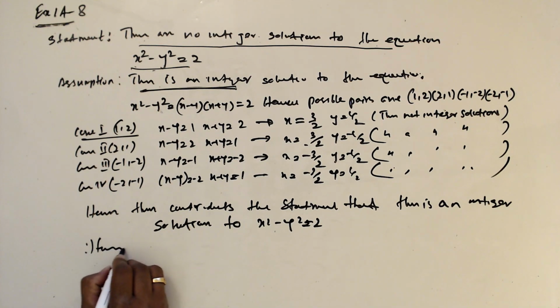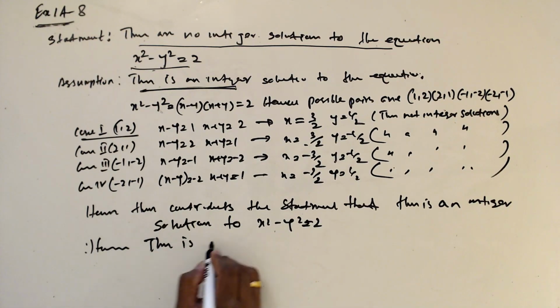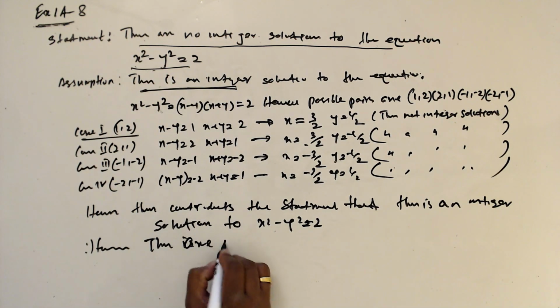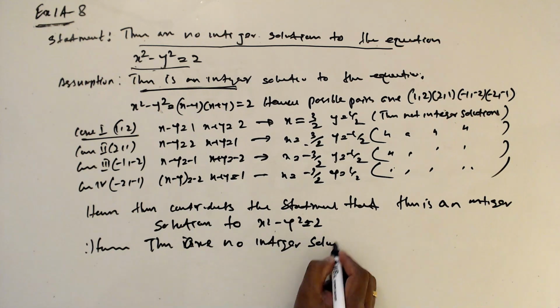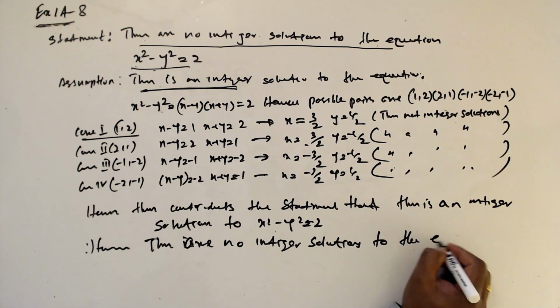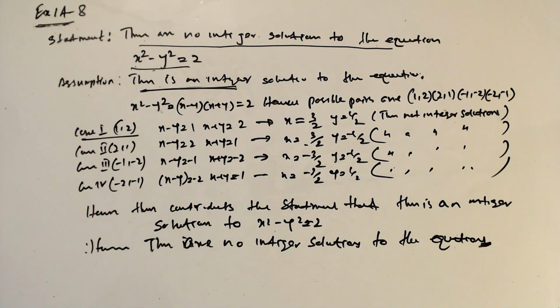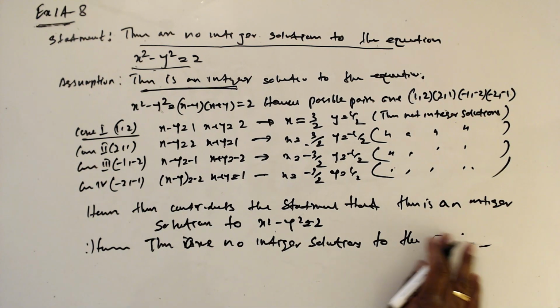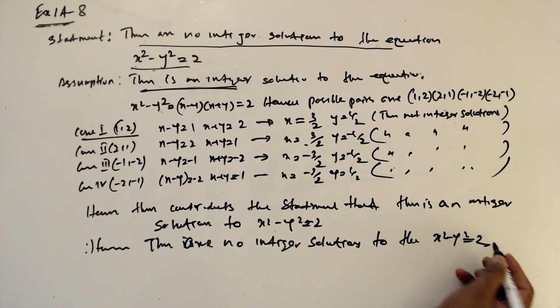Hence the conclusion: there are no integer solutions to the equation 4x square minus 5y equal to 2.